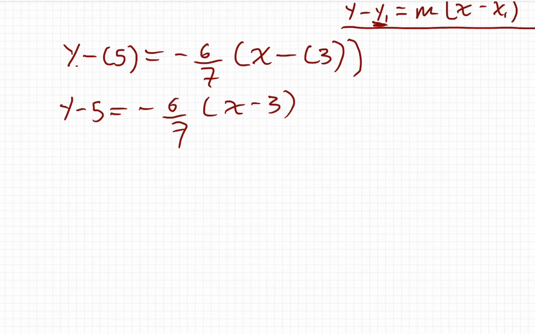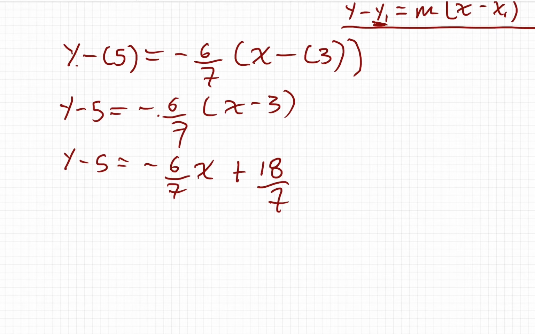So we have y equals -5 plus -6/7 x. Now we multiply -6/7 times -3, which should be positive, because negative times negative is positive, so positive 18/7.